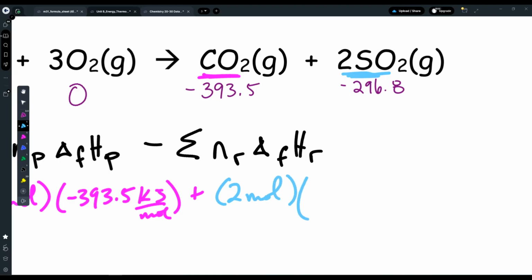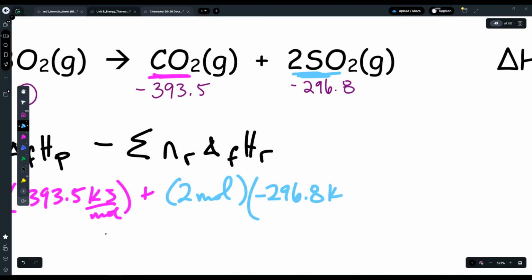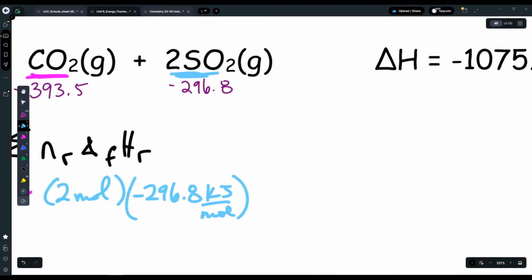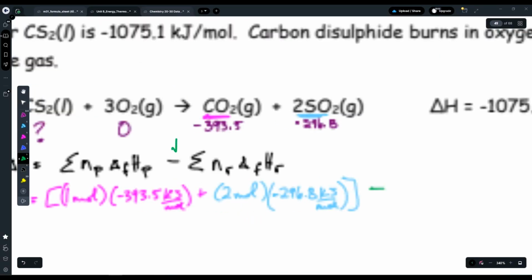So 2 moles times negative 296.8, minus from the formula.